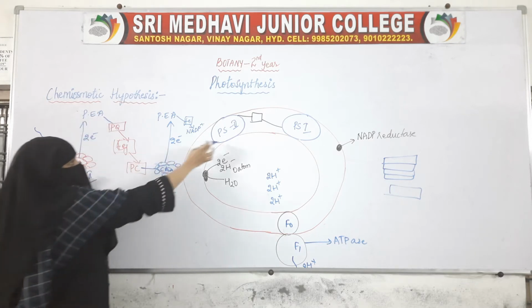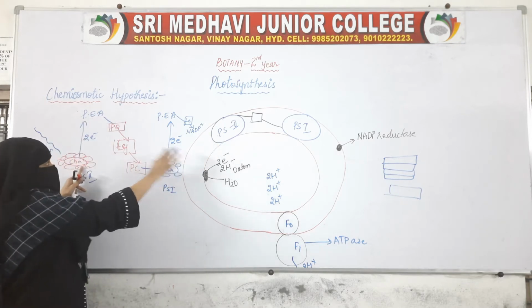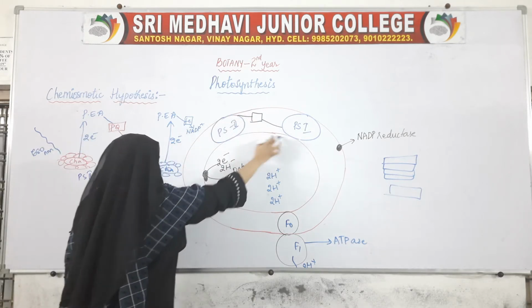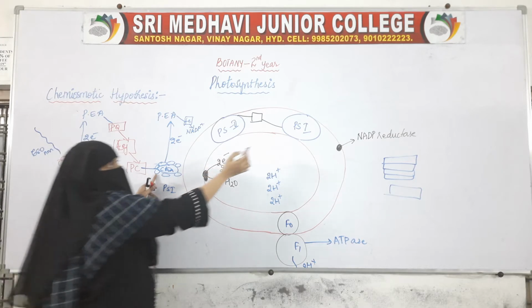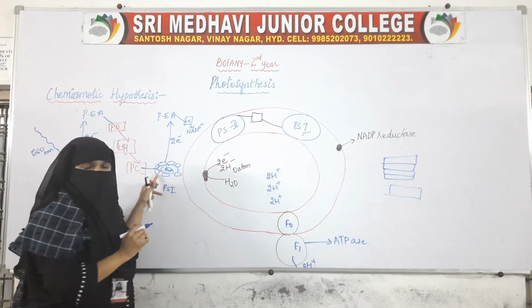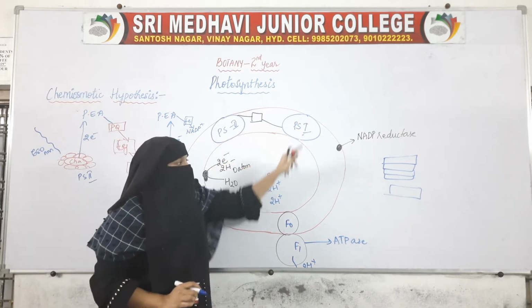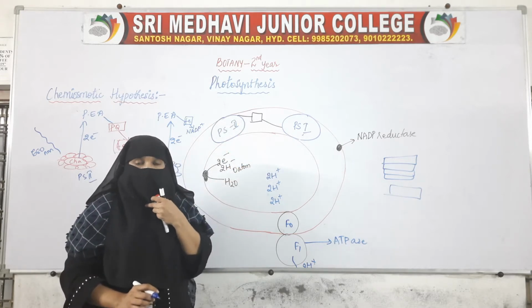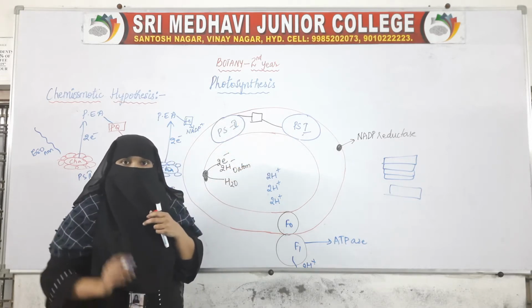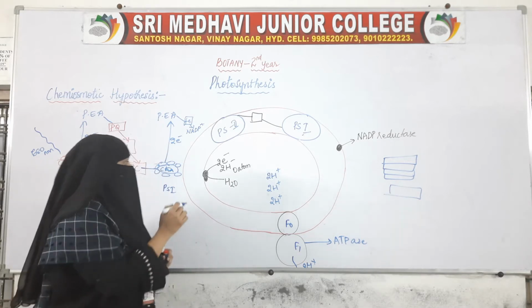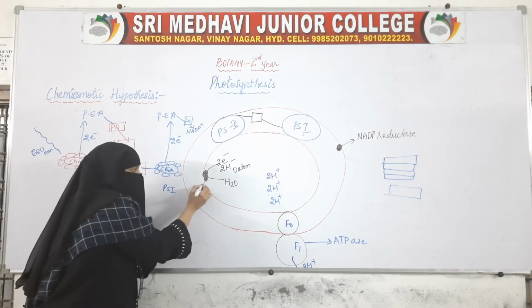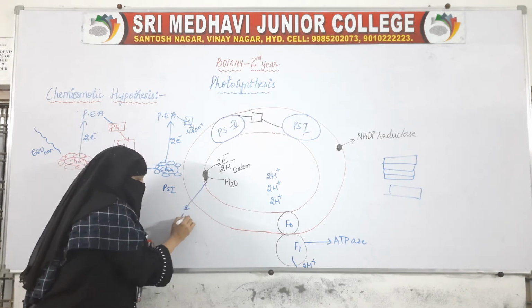Here this is photosystem 2, and passing through electron acceptors, the electron goes to photosystem 1. So where are photosystem 1 and 2 present? On the thylakoid membrane. I have already told you, at the inner side of this thylakoid membrane we have a water splitting complex.